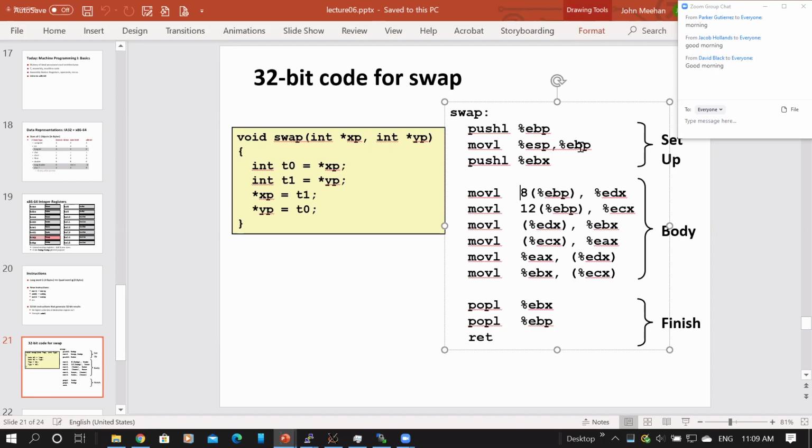We put ESP in the BP. So this is going 8 back, jumping over where we saved that off and the return address. So at any rate, the 32-bit convention was to pass the parameters through the stack, right? Like this.